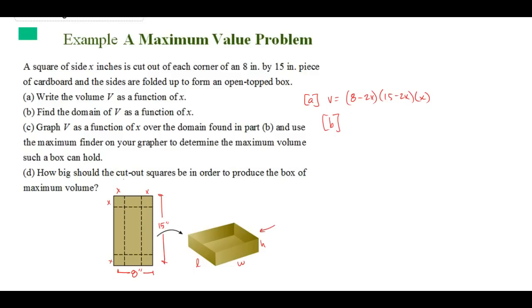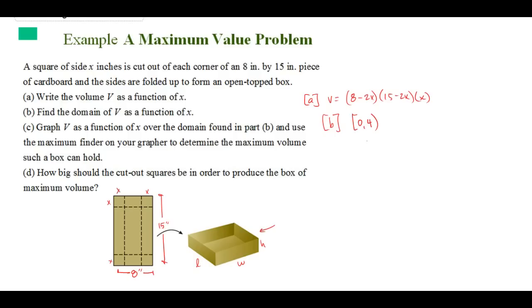Impossible. So my domain can't be negative because I can't add to it. And it can't go bigger than 4, because if we cut 4 on each side, we don't have a box anymore. So my domain would be from 0 to 4. Now, I'm not going to include 4 because 4 would just cut it right down the middle.